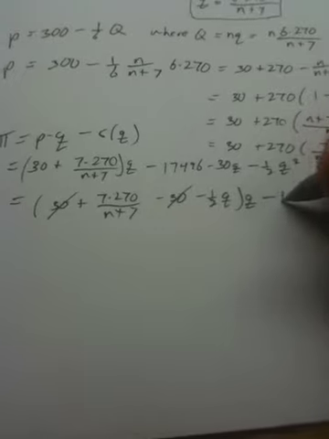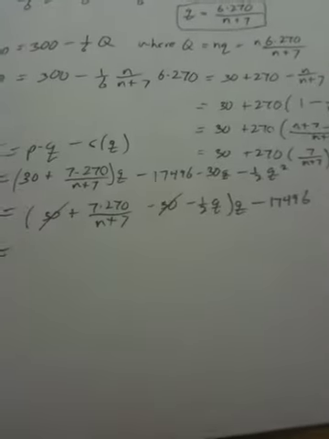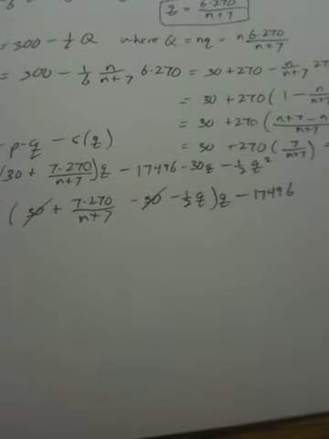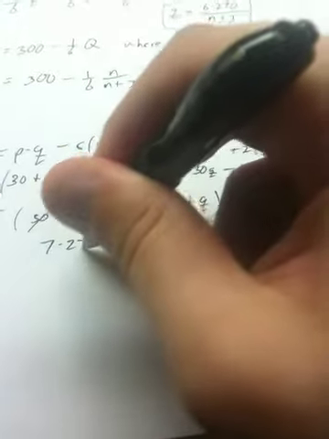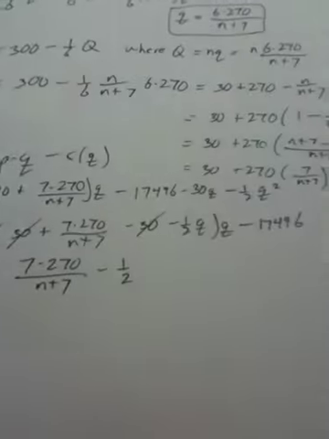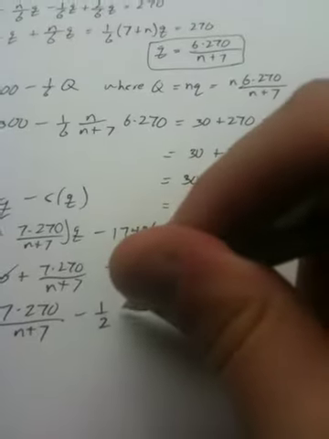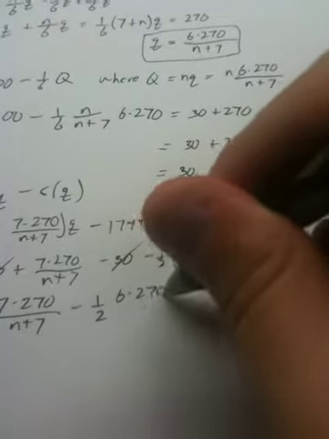And then subtract off 17,496. So the profit equals 7 times 270 over n plus 7 minus a half q. Recall earlier we found q in the box was 6 times 270 over n plus 7.